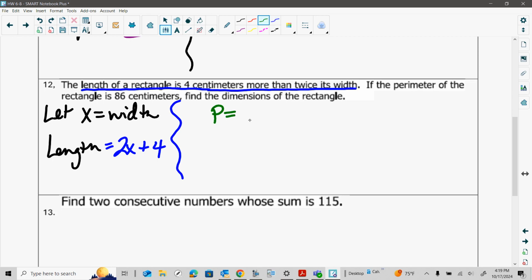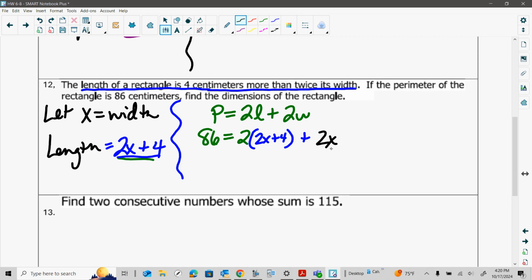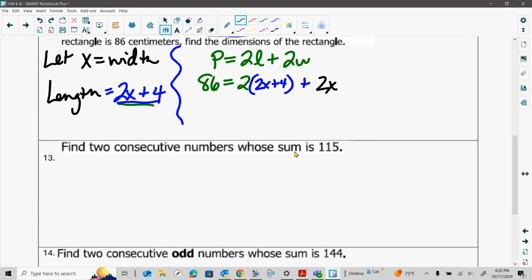Capital P, which is for perimeter, equals 2L, 2 times the length, plus 2W, 2 times the width. And we know the perimeter is 86, so we have to do 2 times the length, and our length was this 2x plus 4, plus, and this would just be 2x. Substitute the x for W. And then you're solving, okay?